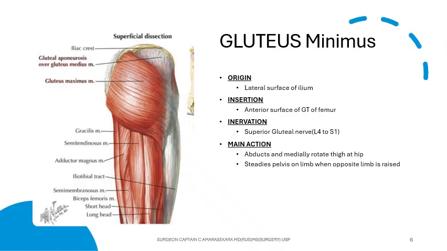Functionally, the gluteus minimus plays a critical role in steadying the pelvis when the opposite limb is raised, such as during walking or single leg stance. It works in tandem with the gluteus medius to prevent pelvic drop, a phenomenon clinically recognized as Trendelenburg gait when these muscles are weak or compromised.